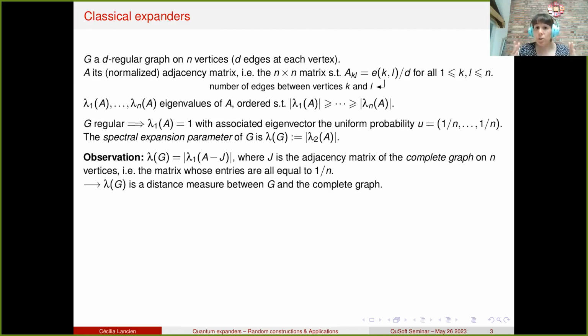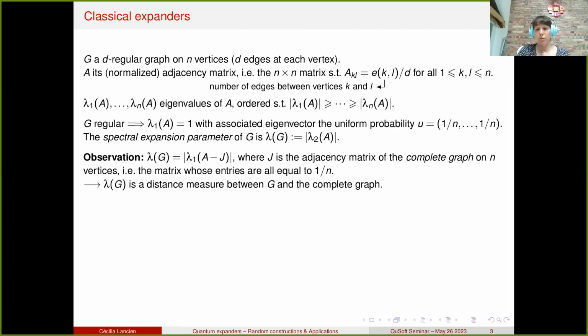And indeed, this matrix J is projecting everything onto the direction given by this uniform probability vector U. It has eigenvalue 1 associated to U, and all the rest is 0. So this spectral expansion parameter lambda of G is nothing else than measuring the distance of your graph G to the complete graph according to this distance measure, which is given by looking at the largest eigenvalue of the difference between the two associated adjacency matrices.